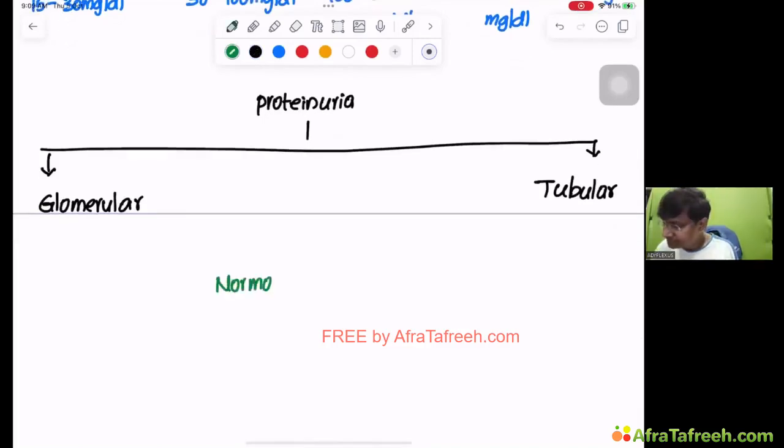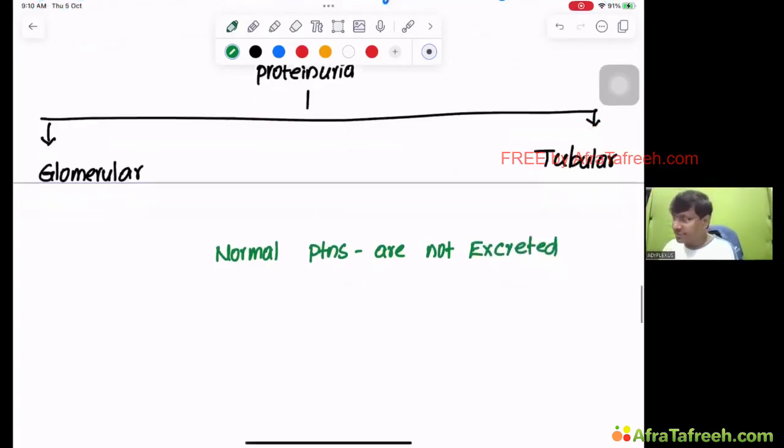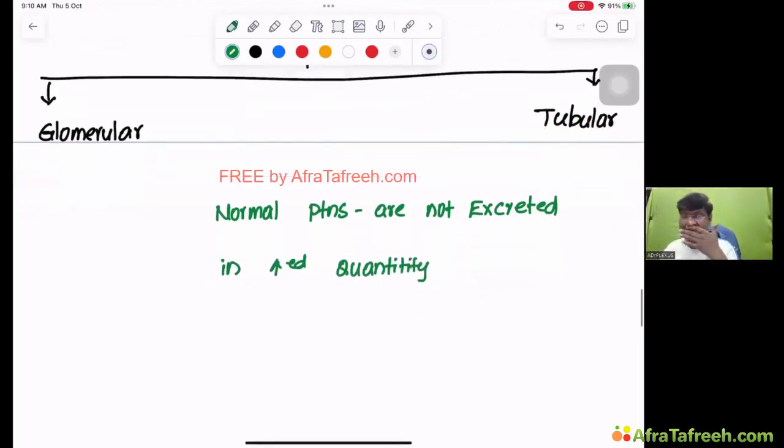the proteins are not excreted. Normally the proteins are not excreted in increased quantities in a normal individual. How much is that quantity we have discussed? That is less than 30 milligrams of albumin and less than 150 milligrams of total protein.